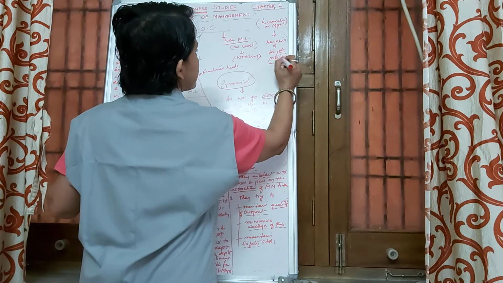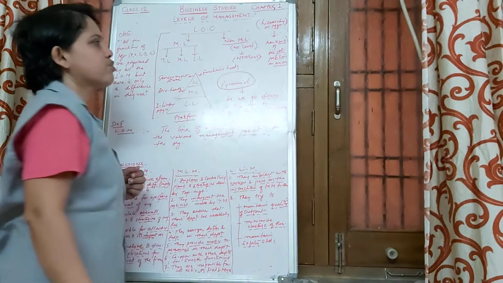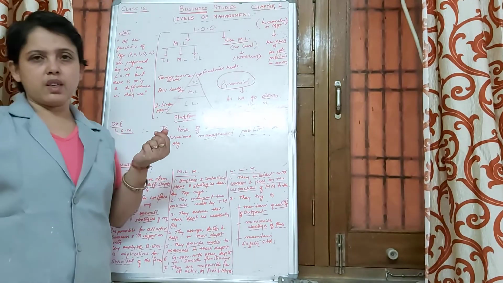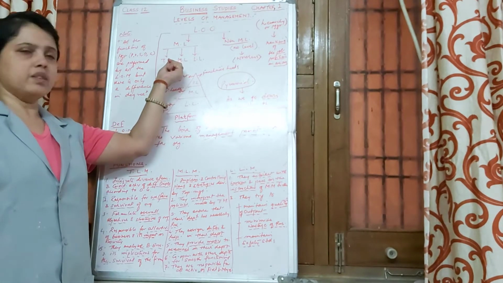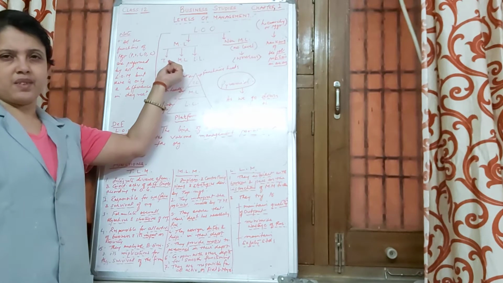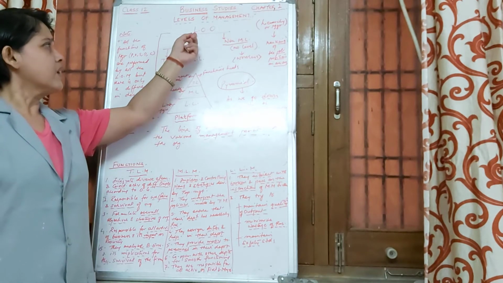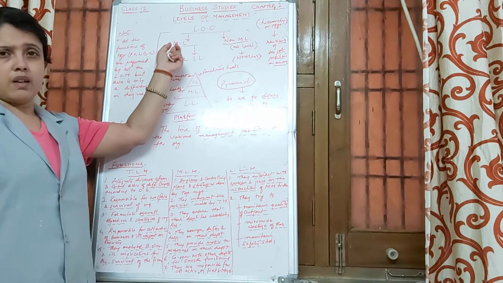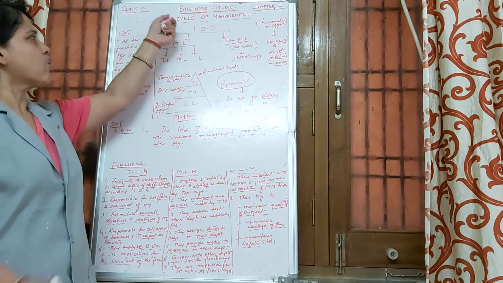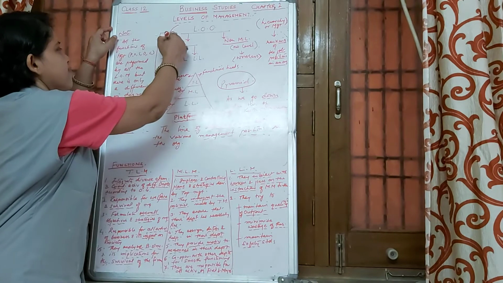Now, when we say hierarchy or ranking of job positions, automatically I think it must be clear to you what we mean by levels. So, when we say levels of organization divided into managerial levels, managerial level is what is called the levels of management.